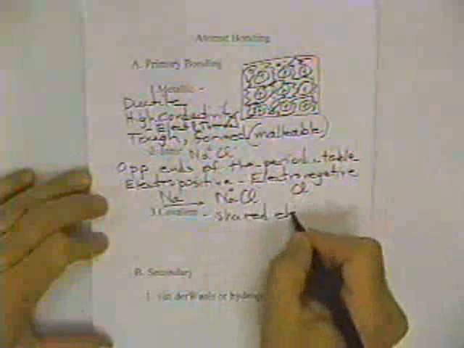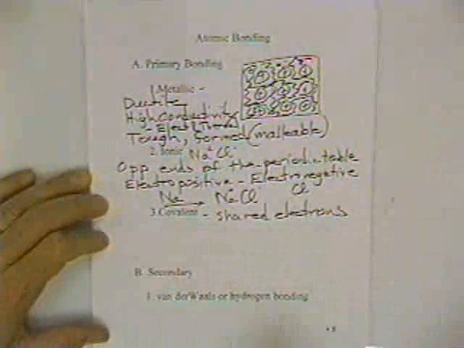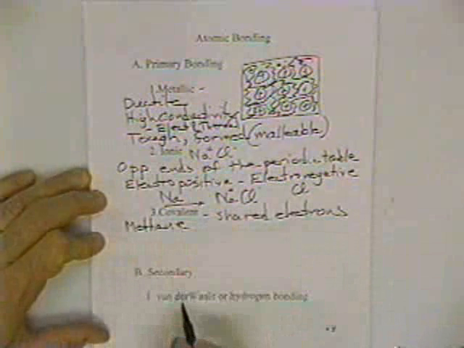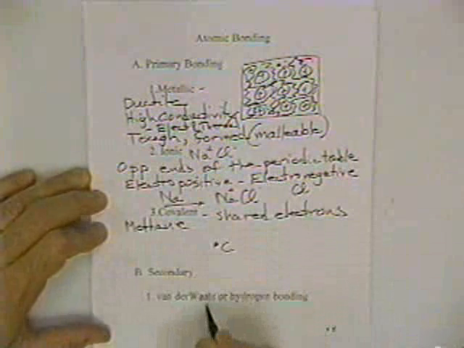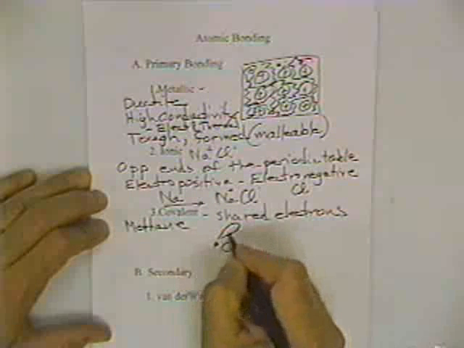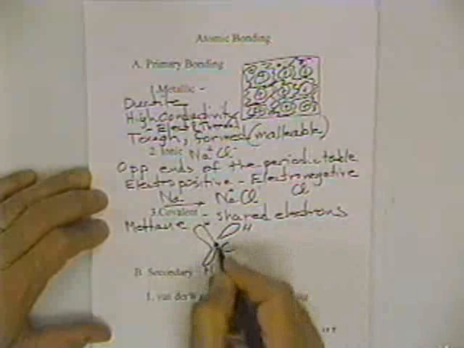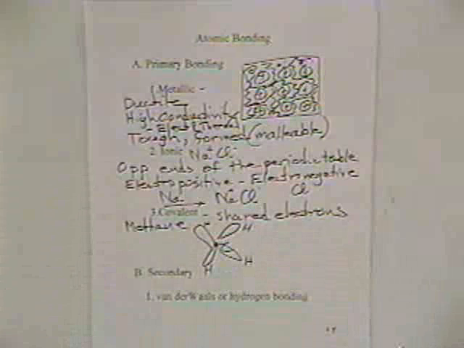Another type of bonding is covalent, and for many materials there's a mixture of both ionic and covalent bonding. The covalent bond involves shared electrons, and perhaps a classic example, we might take a look at methane that has a central carbon atom, and it bonds with 4 hydrogen atoms.